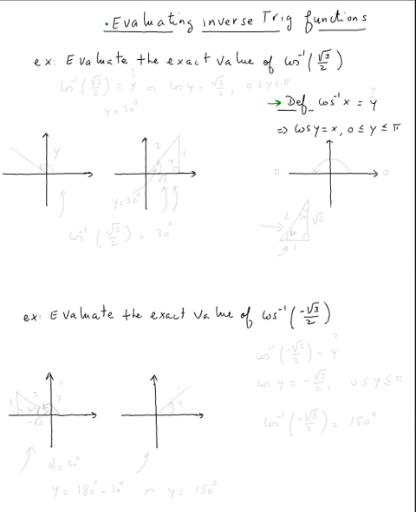So remember, y is an angle. So what does it mean between 0 and pi? It means y goes, this is 0 and this is pi.